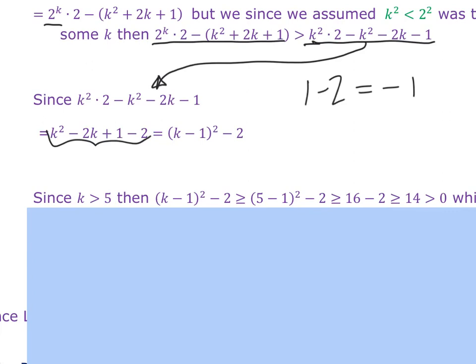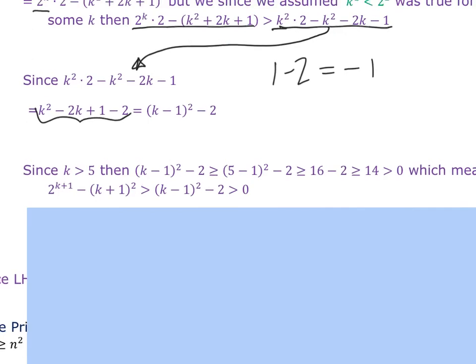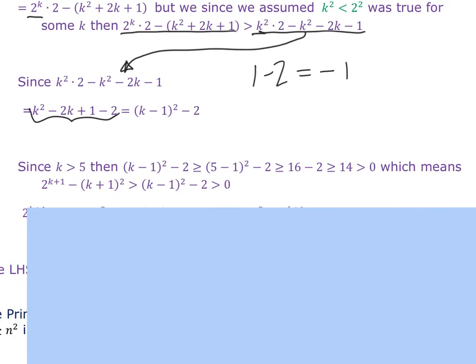So I put 5 in there and I get 16 minus 2, which is 14, which is greater than 0. And that means that 2 to the k plus 1 minus k plus 1 squared has to be greater than k minus 1 squared minus 2, which has to be greater than 0.